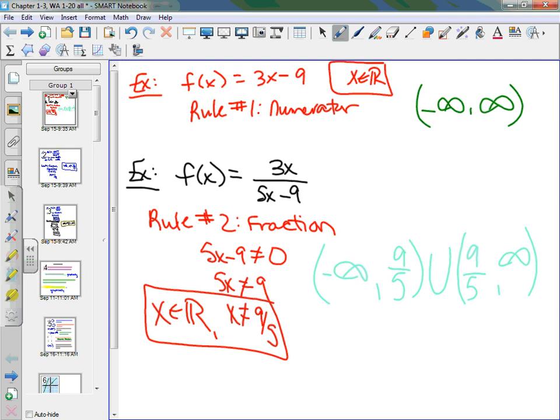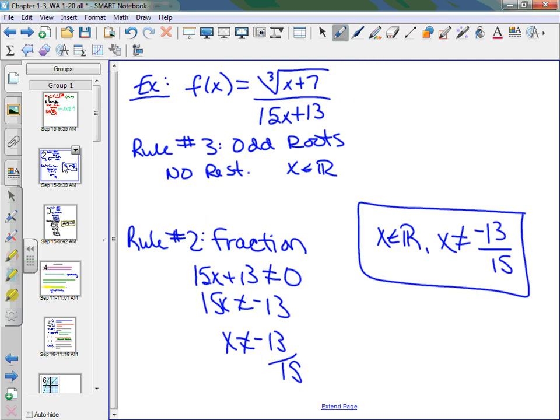Okay, let's go to the next one. What's this say? What's the smallest number it can be? Negative infinity. So I put a parenthesis, negative infinity, comma. Where's my hole? Negative 13/15. Can it be negative 13/15?